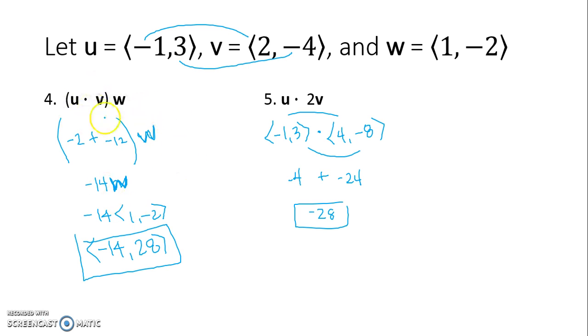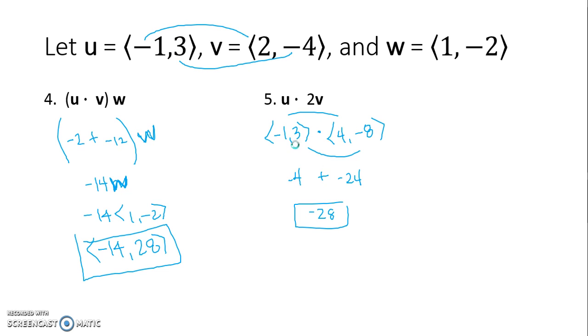For this first one, number 4 here, I did get a vector as my answer because u times v gave me a scalar, that -14, but if I do a scalar times my vector, that is going to be a vector. Over here, 2 times v, scalar times a vector, was still a vector, but when I multiplied those two vectors, I did get a scalar as my answer.